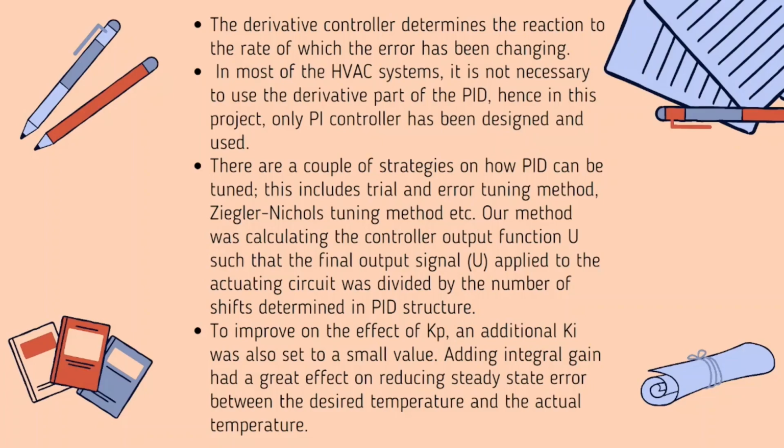To improve on the effect of Kp, an additional Ki was also set to a small value. Adding integral gain had a great effect on reducing steady state error between the desired temperature and the actual temperature.